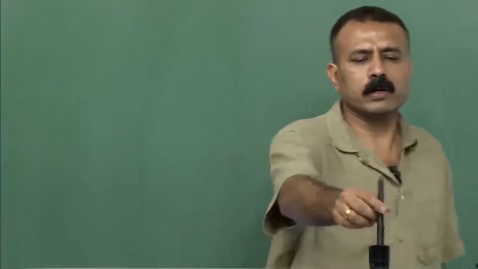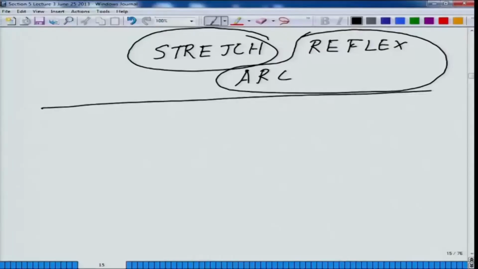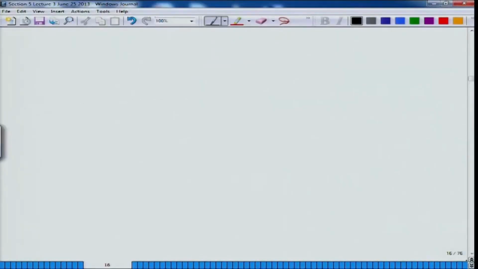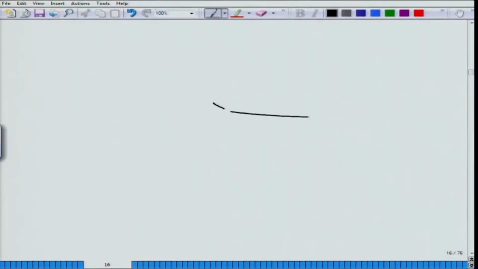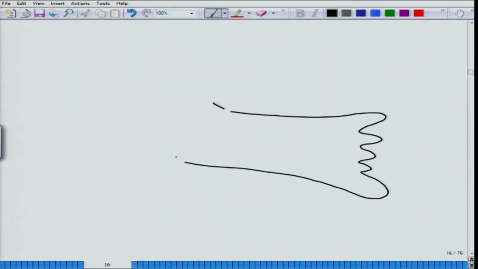So, let me draw the circuit, let me enumerate the components we are talking about. Say, for example, this is your hand. These are the muscles that you see.